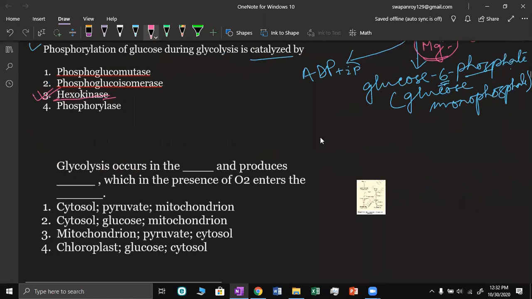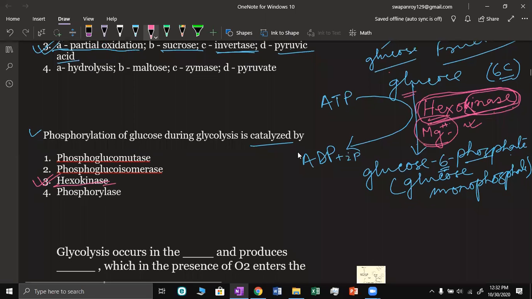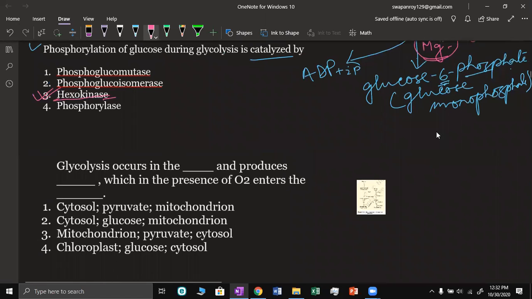Okay. Next, in the next step there is also phosphorylation: glucose 6-phosphate converts into fructose 6-phosphate, then fructose 6-phosphate is changed into fructose 1,6 diphosphate.